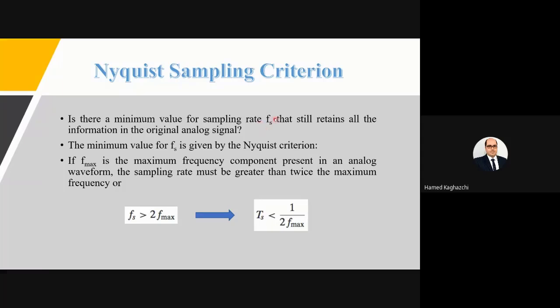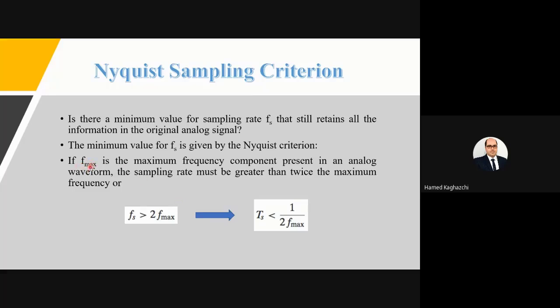We define the sampling rate, the frequency, that still retains all of the information in the original analog signal. The Nyquist criterion says that we can select the minimum value for Fs, so that if we take this value, you will not lose information, and also you will not waste the memory.